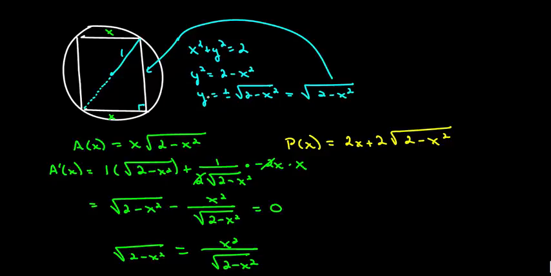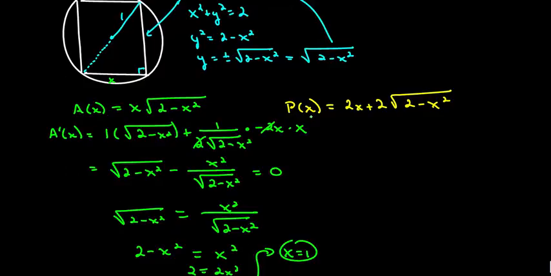You can tell that that's true because it's going to be the square root of 2 minus 1 squared. 2 minus 1 squared is 1, and the square root of 1 is also 1. So we've shown that if both sides are of equal length 1, then we end up with a square inside here, and the square is the object that maximizes the area.